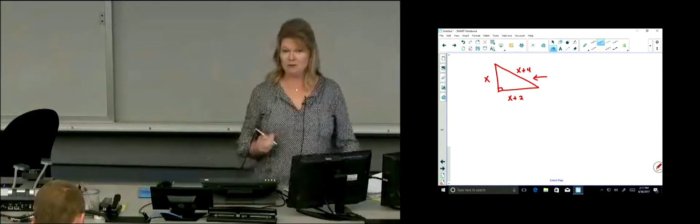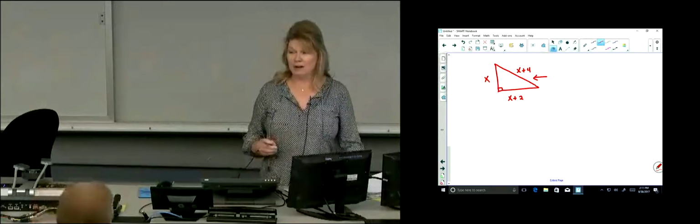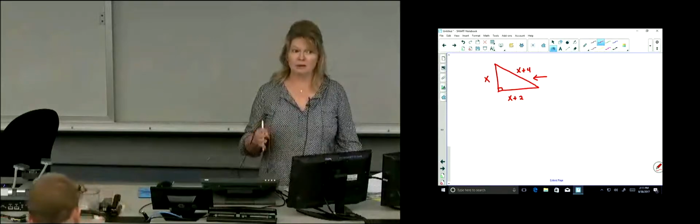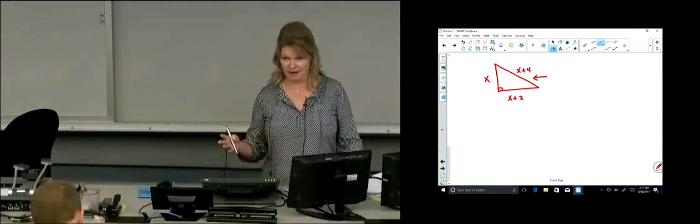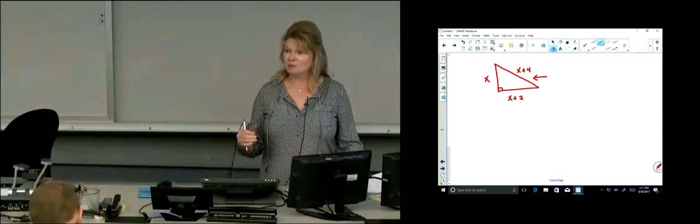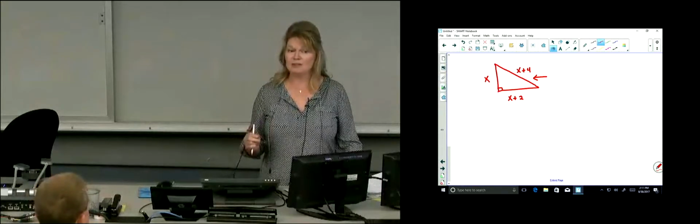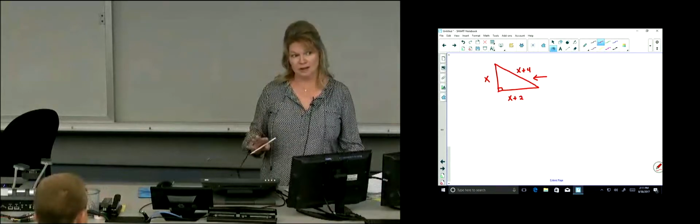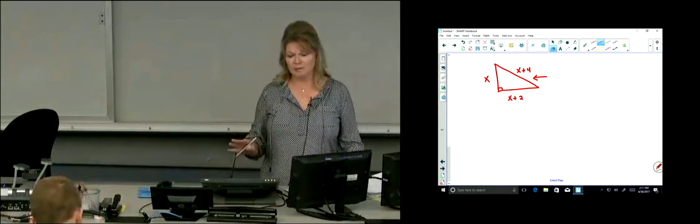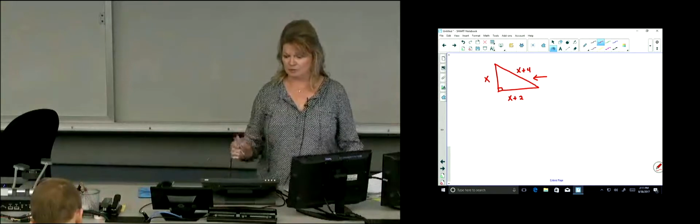But what you should remember is that in a right triangle, you should be thinking, oh, a squared plus b squared equals c squared, the Pythagorean theorem. And you should also be thinking the hypotenuse is always the longest side. So when I did choose x, x plus 2, and x plus 4, you would want to make sure that x plus 4 represented your hypotenuse. All right?